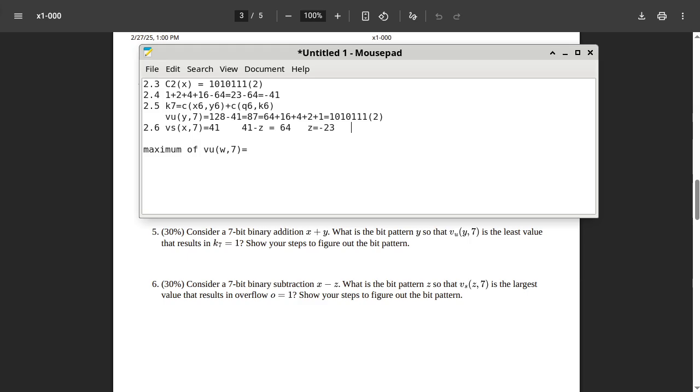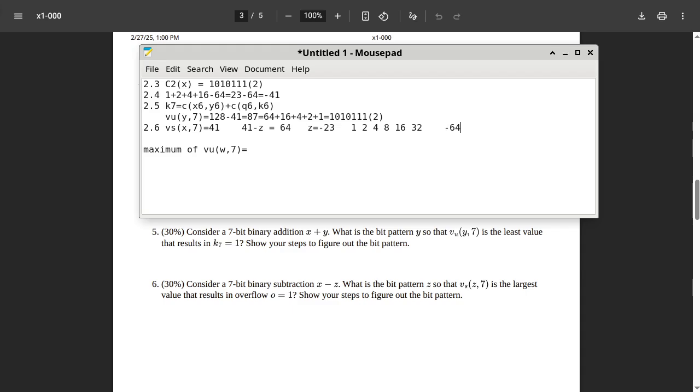So we never really quite talk about how to go from a signed value back to the bit pattern, but we already know the template, right? So we are still asking 1, 2, 4, 8, 16, 32, but instead of 64, we have negative 64.